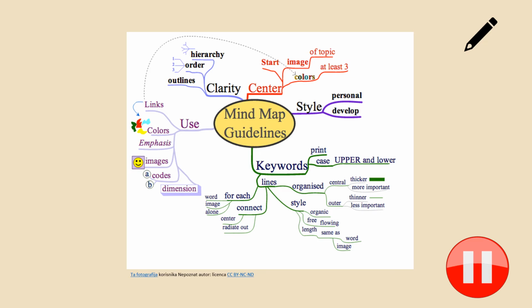Your lines can be thicker or thinner depending on whether the term is more or less important. You are also allowed to use upper and lower case in your mind map. Don't forget, you can always order your terms in the rank of importance. Now, pause the lesson and make your own mind map.